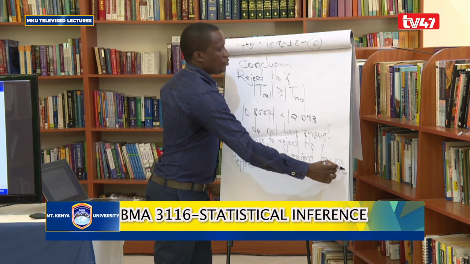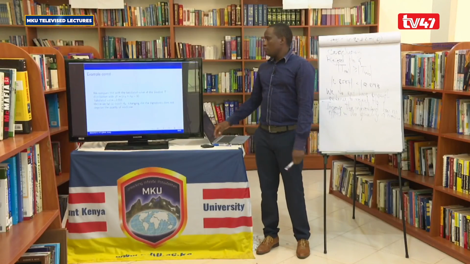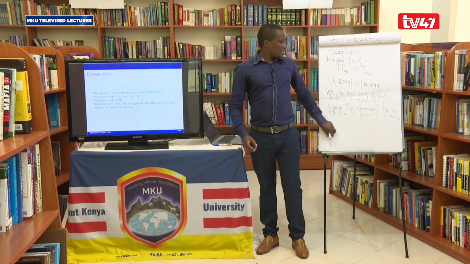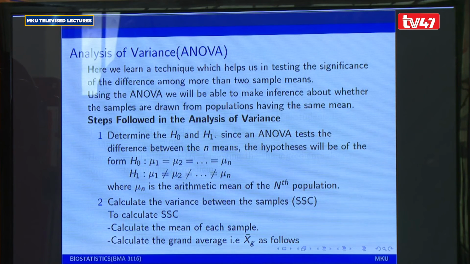So that's how you can make a conclusion where you have two groups you need to compare in a statistical inference case. Now, another method of statistical inference is ANOVA, the analysis of variance. Now, this technique helps in testing the significance of difference among more than two samples.